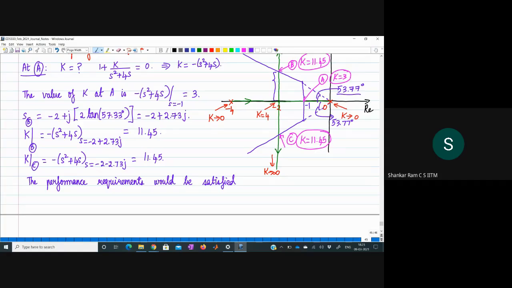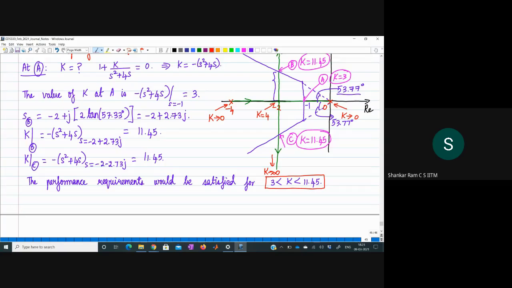Both performance requirements would be satisfied for K greater than 3 but less than 11.45. So this is a very big result from this analysis.